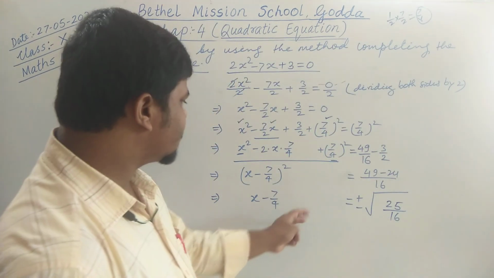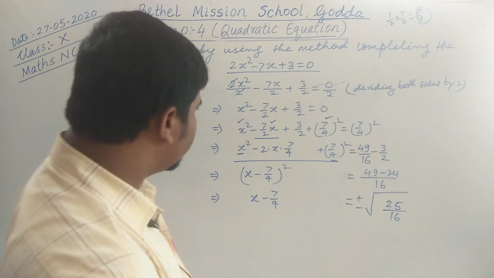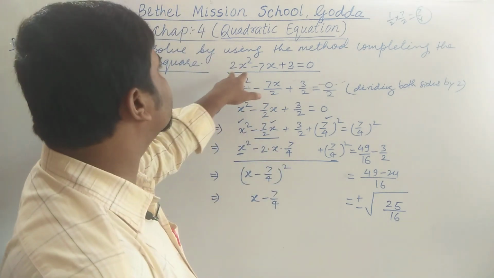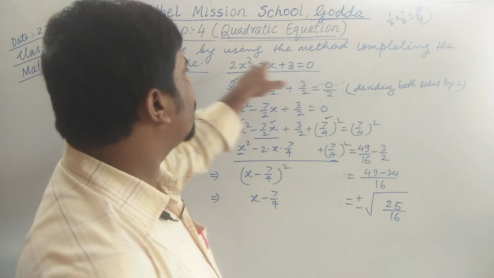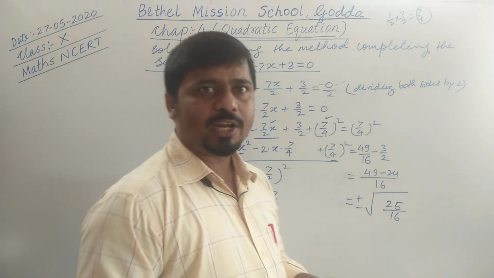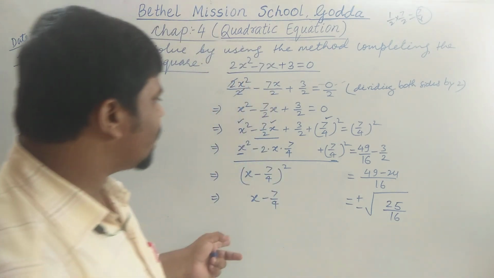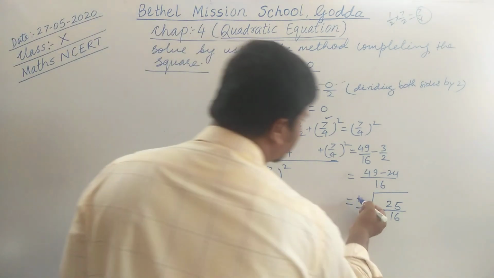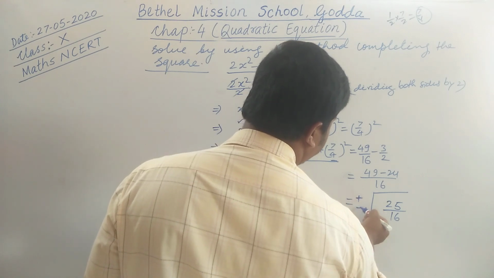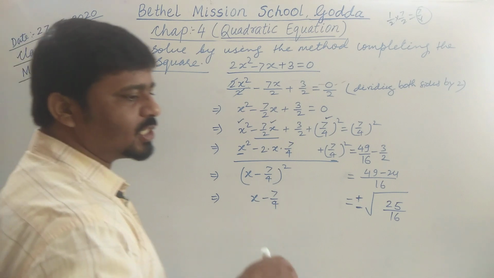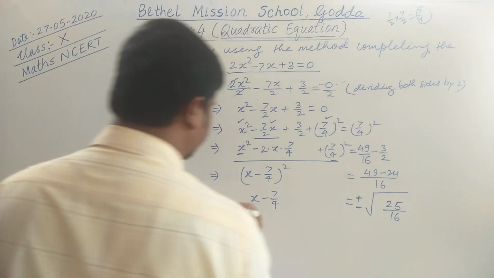You have to understand why we write plus minus: because we are solving a quadratic equation, and a quadratic equation produces two roots. That's why we put plus and minus, because we get two roots from there, one in positive and another in negative form.